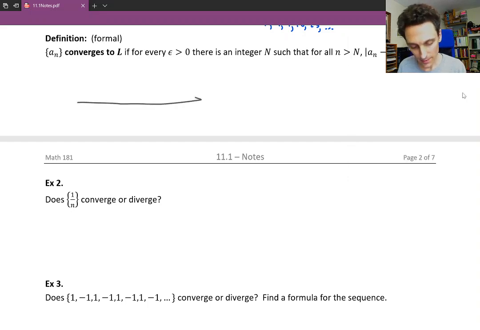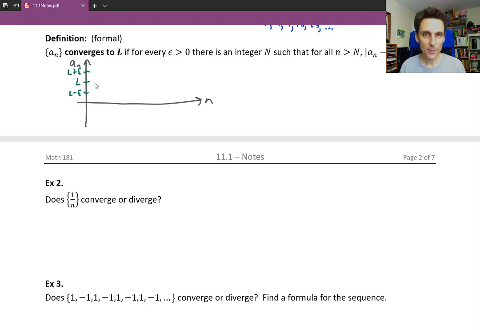The visual looks something like this. Suppose we have a number line representing n, and then here's a sub n along our y-axis. So this is saying that we're going to get convergence to L. The a sub n's values, the y values, are going to get closer and closer to L if for every epsilon, where epsilon represents a distance from L. Here I'm representing this as L plus epsilon, L minus epsilon.